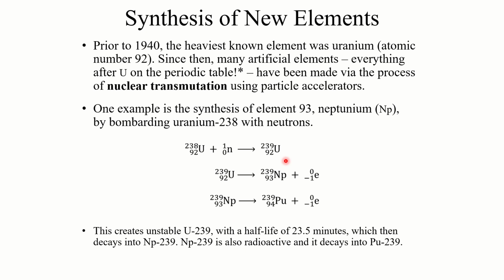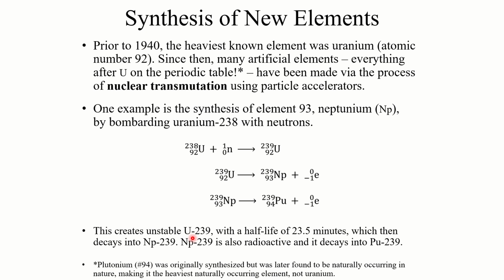But this is an example of how neptunium, Np, was synthesized via transmutation, which basically means uranium-238 was placed inside a particle accelerator, and this particle accelerator accelerated neutrons and bombarded the uranium with neutrons, eventually forming neptunium-239. I do want to give a little asterisk here.